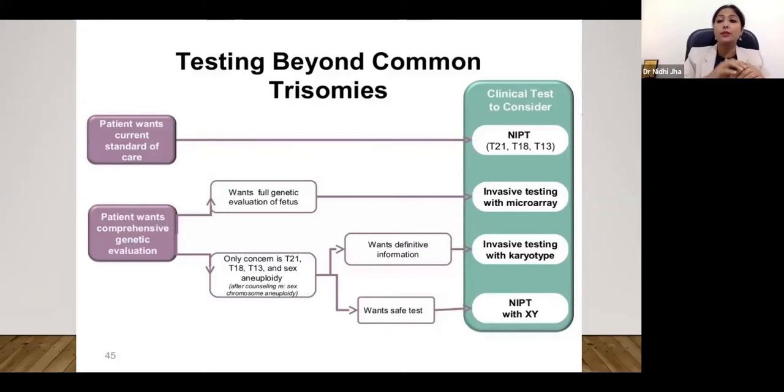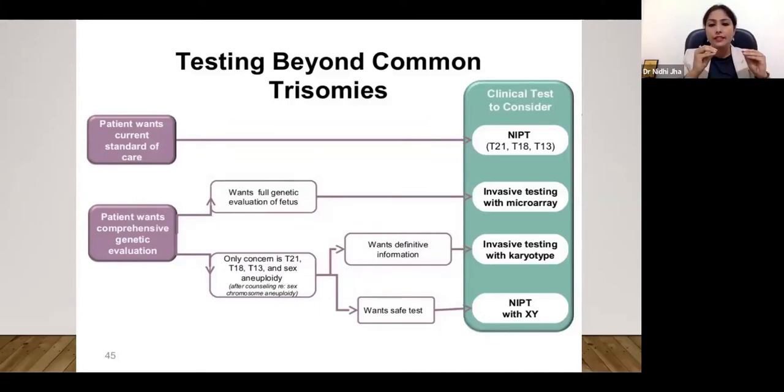When the patient wants a comprehensive genetic evaluation, whenever a patient says to you that they want a full genetic evaluation of the fetus, there might be multiple reasons. There might be a strong family history, advanced maternal age, a full-term IUD because of common congenital disorders, or a previous child who is affected.